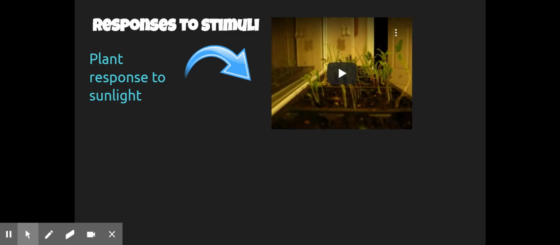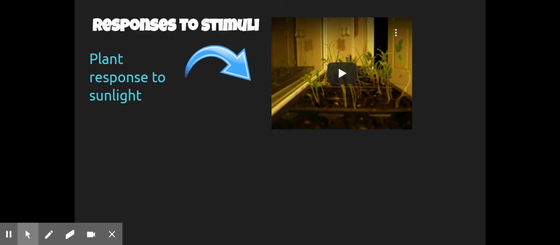All right, what you saw in the video is that plants are actually responding to the sun's light. The plants are bending so that they can absorb or take in the sun's rays. Their stimulus is the sun, and their response is them bending toward the light.